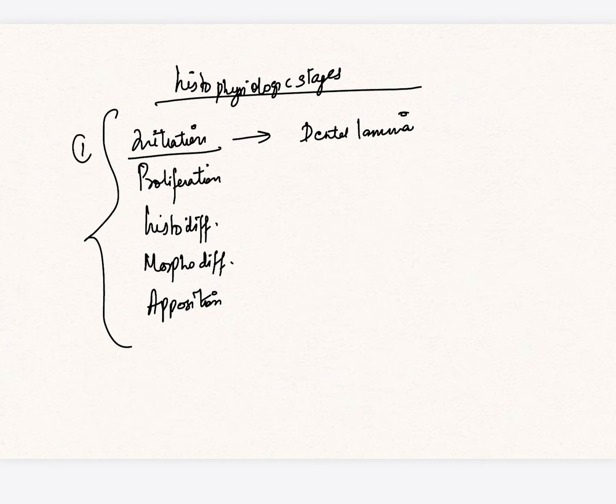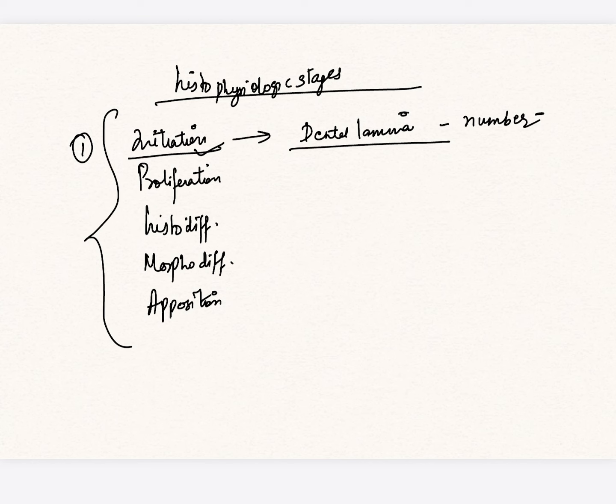So the first stage is initiation, in which dental lamina is formed. Any disturbance during this stage will lead to disturbances in the number, because as the name suggests, initiation, it causes disturbance in the number of teeth. The tooth may form less or the tooth may form more.